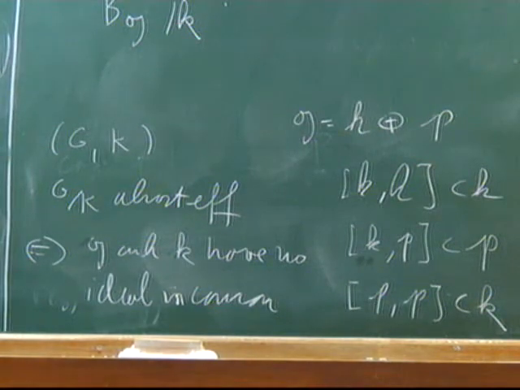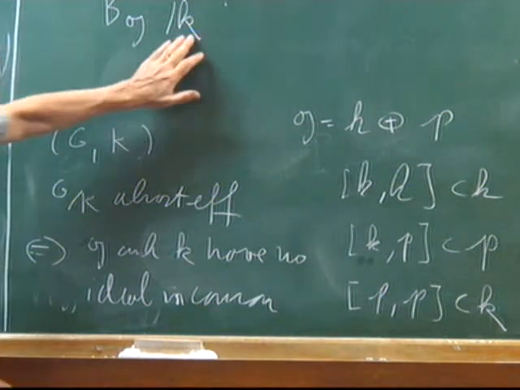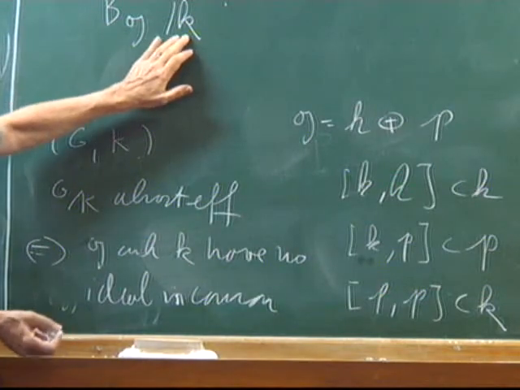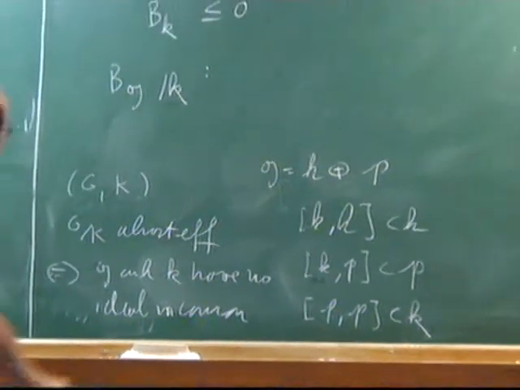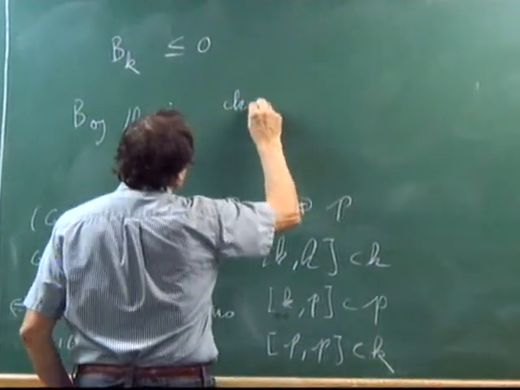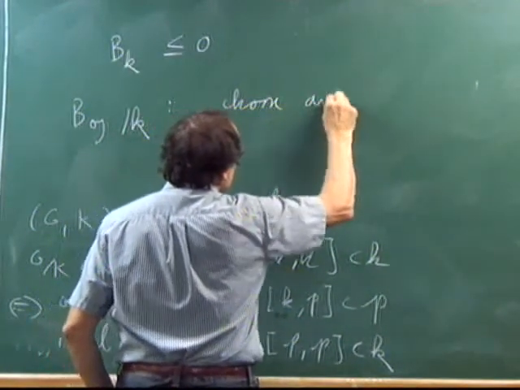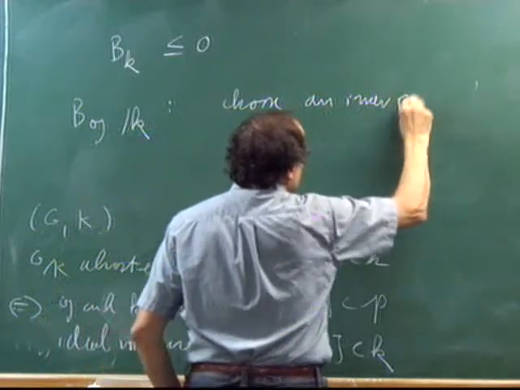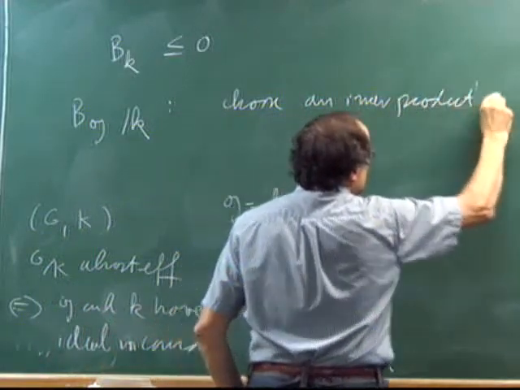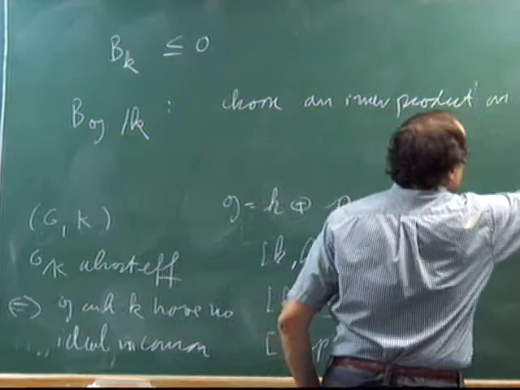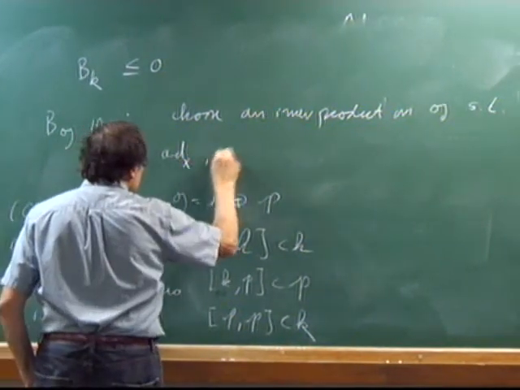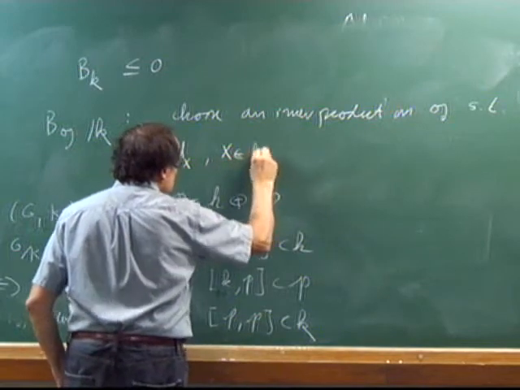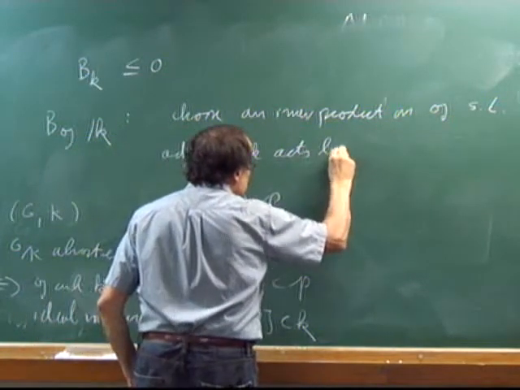So yes, certainly if it was an ideal, then this would just be the Killing form of K. But it's not, so this is a little bit different. So here, choose an inner product on all of G such that, for X in K, X acts by isometries.